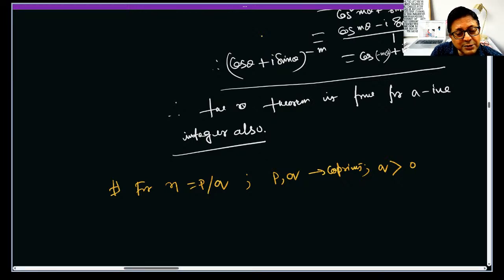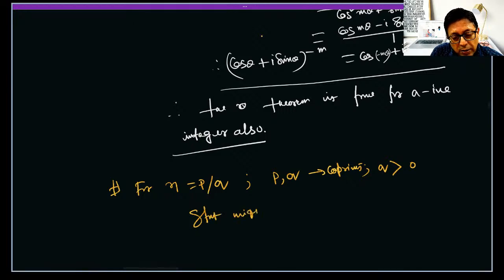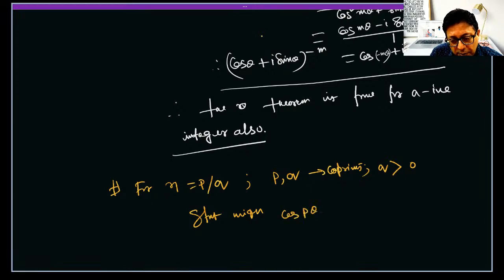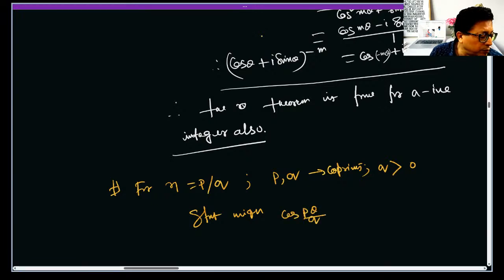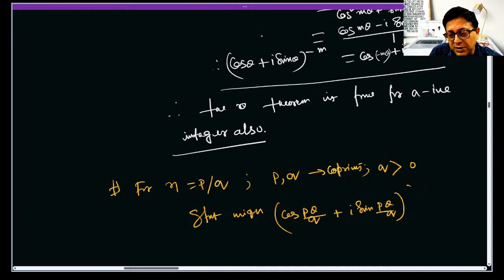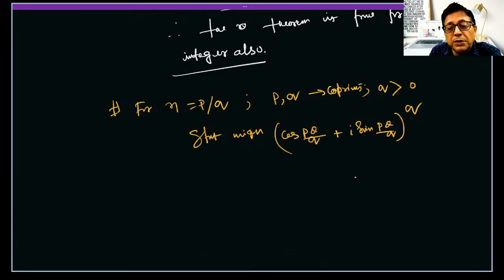So if we start with the expression cos(pθ/q) + i sin(pθ/q) to the power q. Let us start with this. q is an integer, p and q are coprime integers of course.